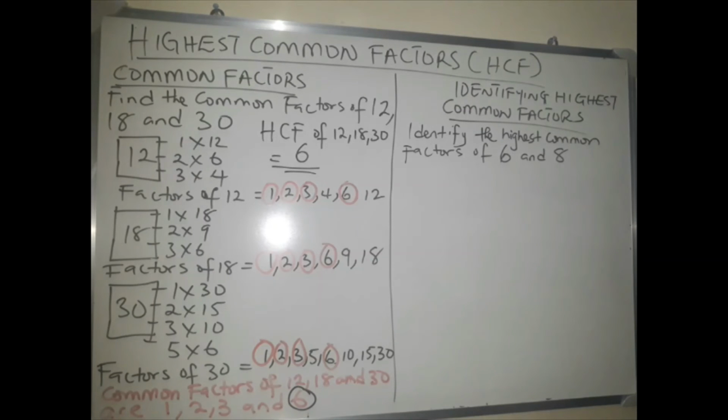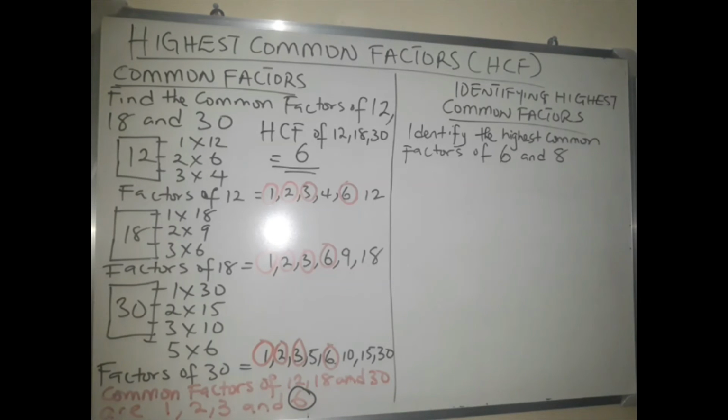Say we should identify the highest common factor of 6 and 8. And then we have just a few steps that we need to follow in identifying the highest common factors of given numbers.